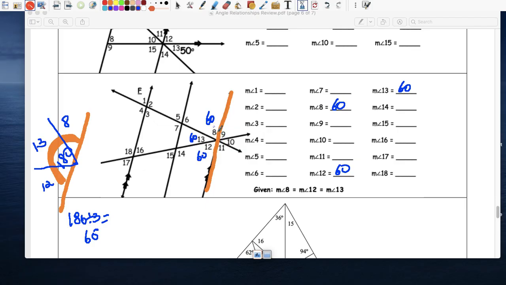Who's vertical to angle 8? Who's on the opposite side of angle 8? Angle 11. And that fellow is 60. And who's on the other side of angle 12? Opposite angle 12, right? Look at this, right here. The 2 lines intersect, right? The crisscross here. And angle 9 will also be 60. Which means angle 10 is also going to be 60. Oh my God.